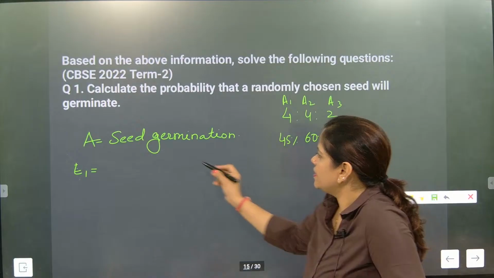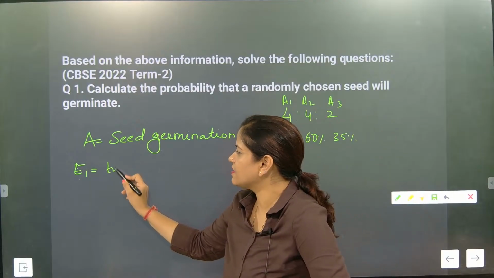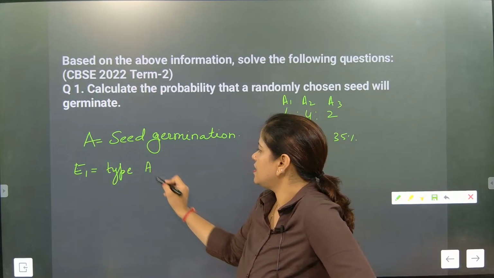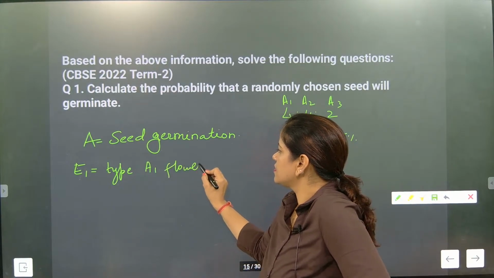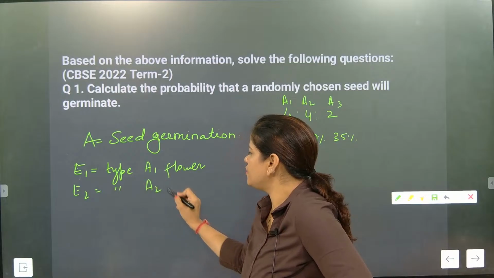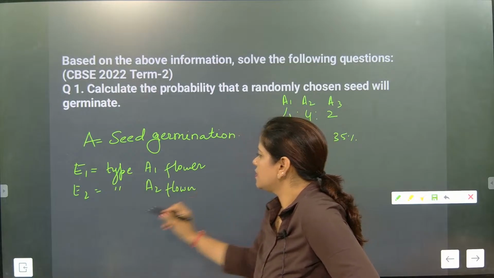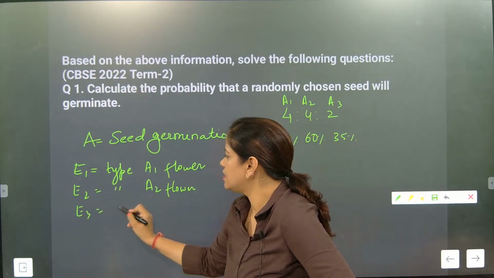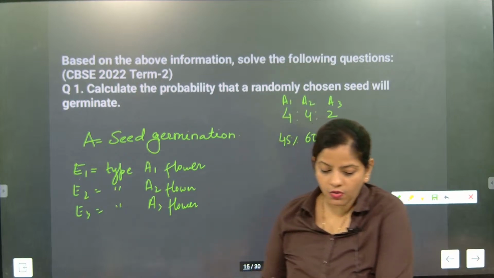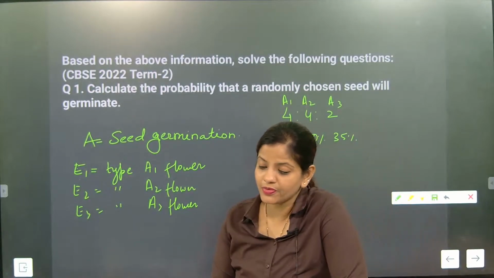So E1 is type A1, E2 will be type A2, and E3 will be type A3.